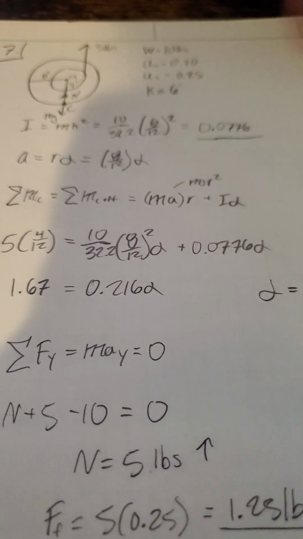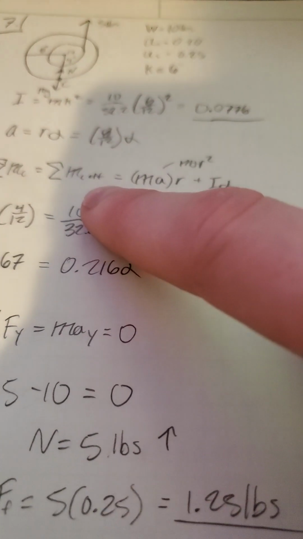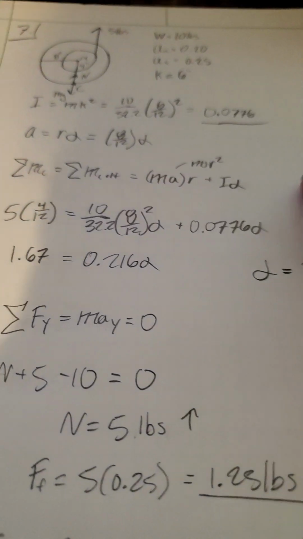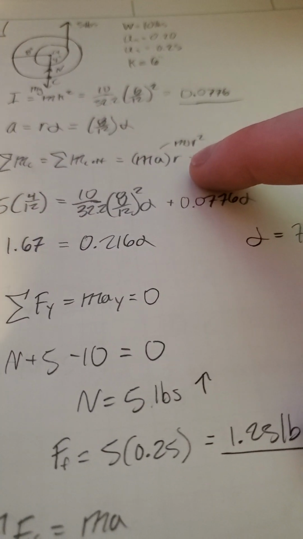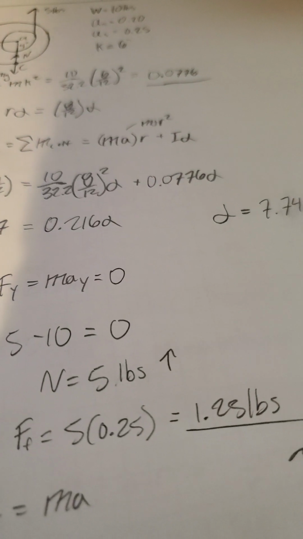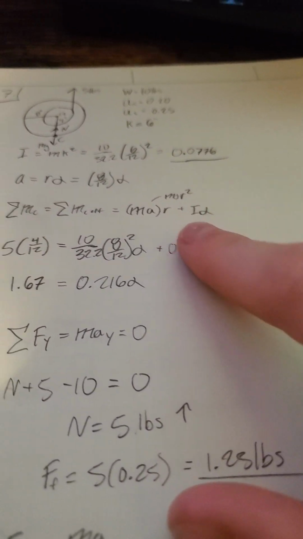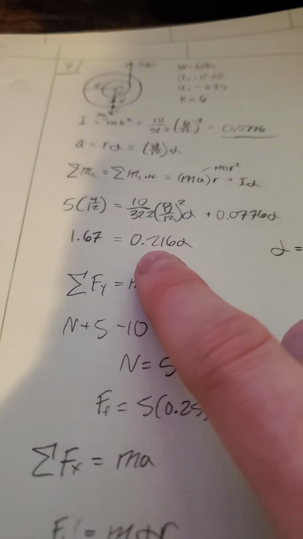So ultimately, if you sum up all the moments about C, it's going to equal the net moments affecting the disk itself, which is the same thing as before. It's mass times r squared times angular acceleration, and then you add the mass moment of inertia times angular acceleration to that.